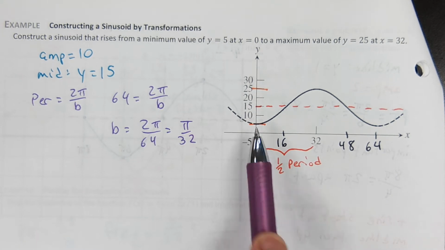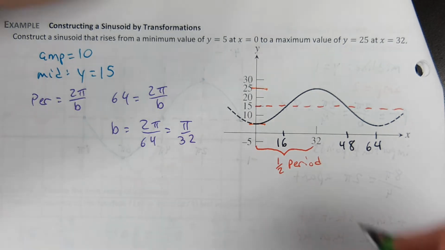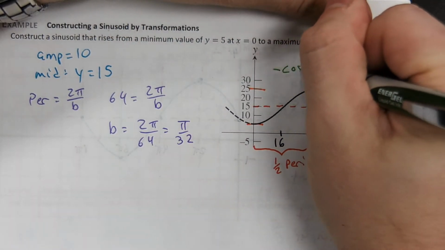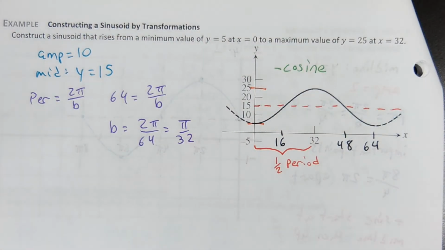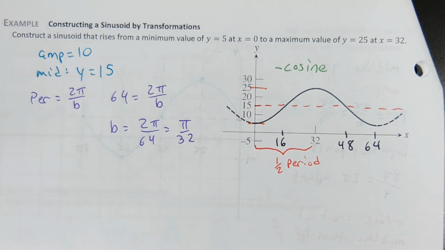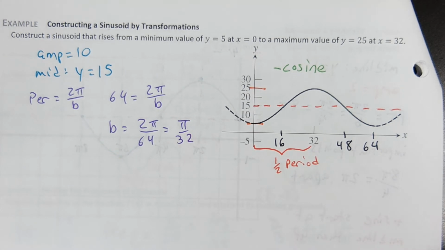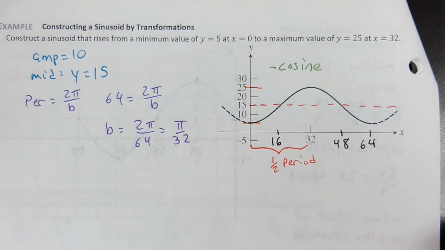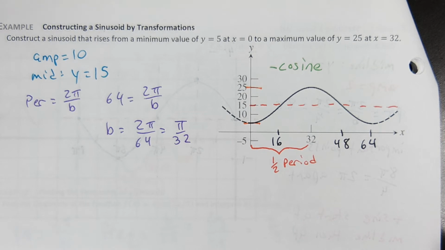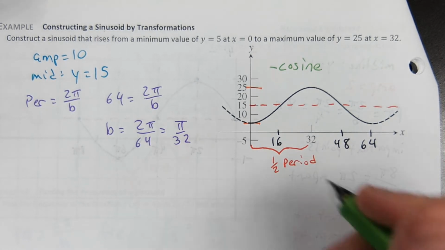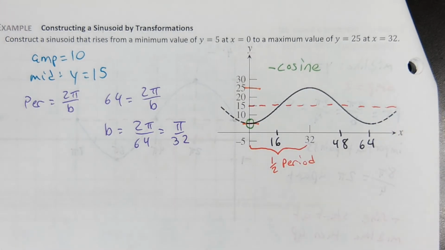So negative cosine would be the best fit. Because cosine always begins at a minimum or a maximum. This one beginning at a minimum makes it a negative cosine. Is it the correct answer? Well, no, you could have chosen anything you wanted to, but this is the easiest one to use because it starts at a minimum.